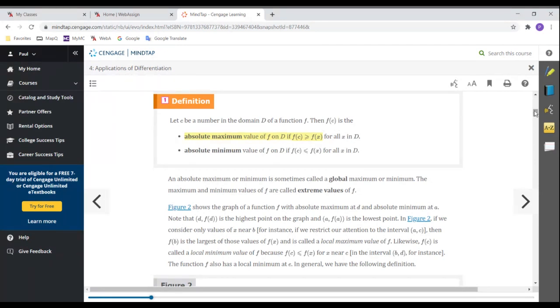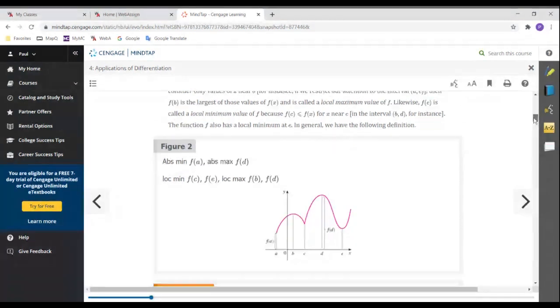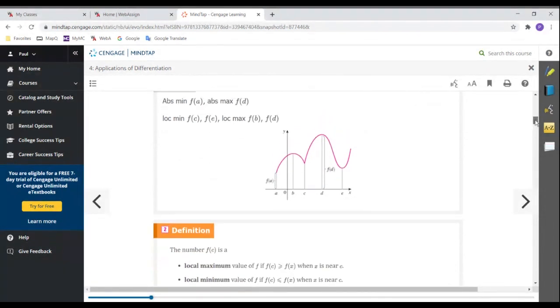When we are doing an optimization problem, we're looking at some function that models a situation, and we want to find maximum and minimum values. That's why we're talking about maximum and minimum values. You can have absolute maximums and absolute minimums, but you can also have what are called local maximums and local minimums.